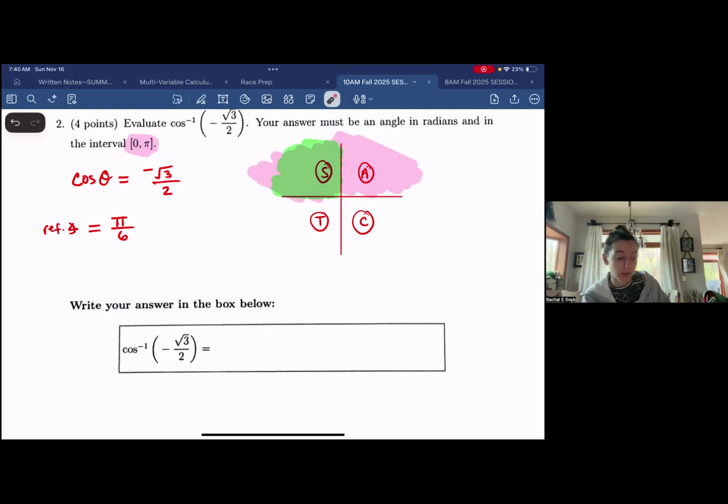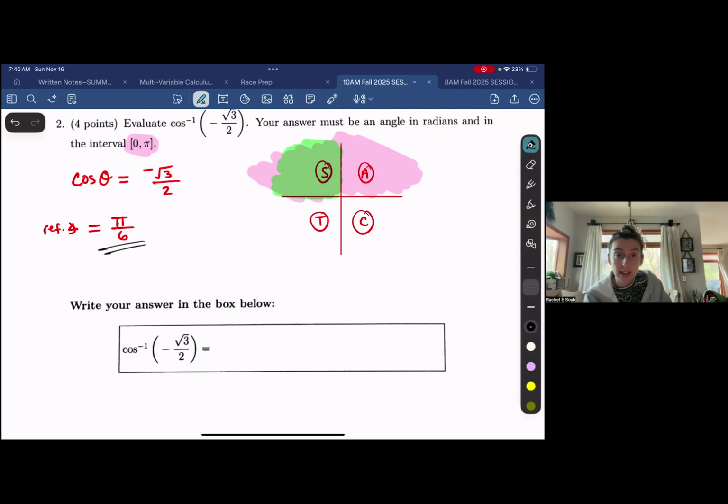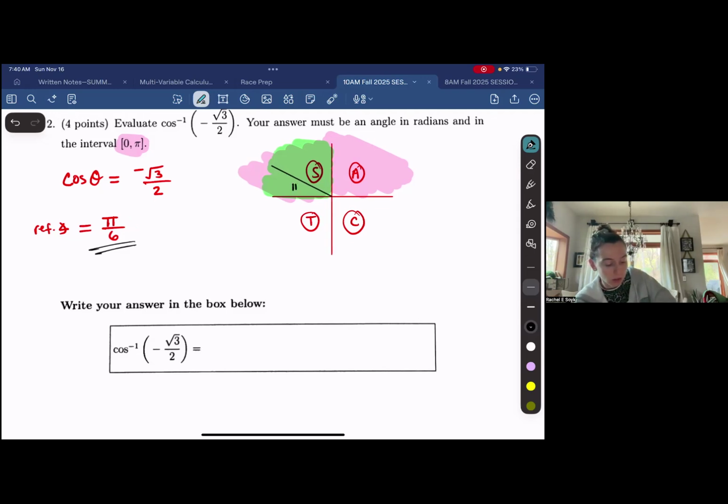So now what we have to do is we utilize our reference angle, that pi over 6, in that second quadrant to figure out what angle we are really looking at. And so once again, pi over 6 is about 30 degrees, so a third of that quadrant would give you that reference angle.